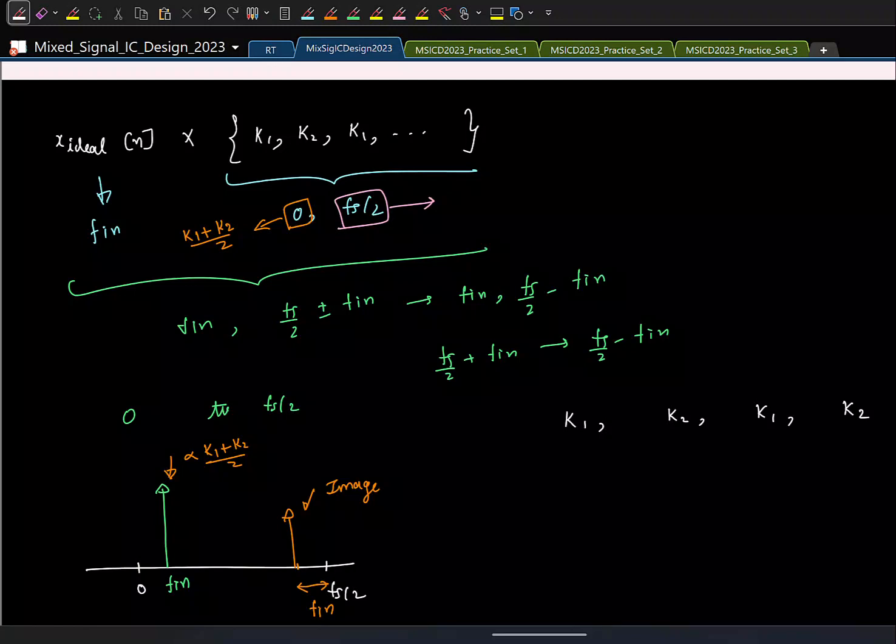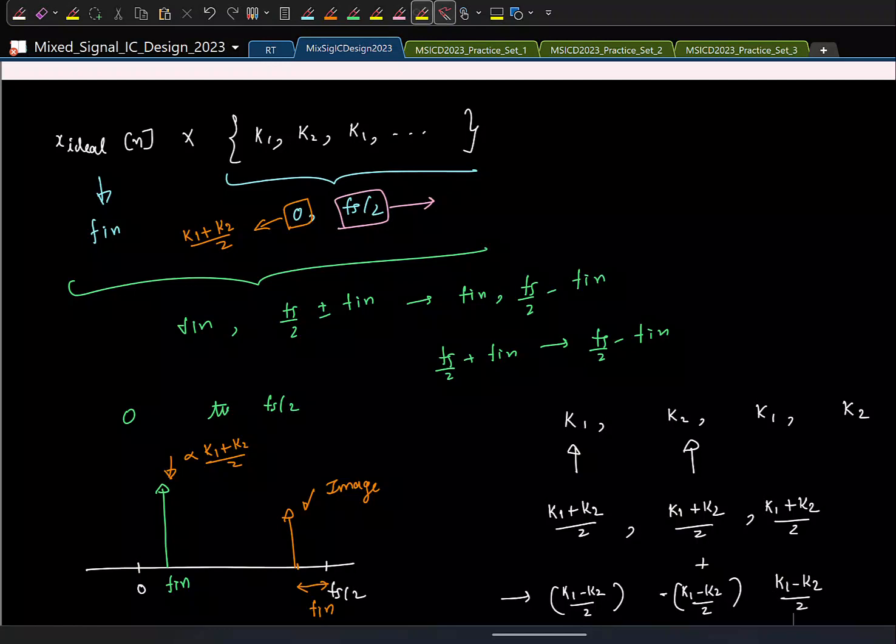Only two. One is DC, that is K1 plus K2 by 2. That's always the same. So I should add only one other sequence. What should be the sample that should come here so that the addition gives this? K1 minus K2 by 2. What should be the term that should come here so that the addition gives this? K2 minus K1 by 2, I'll write as minus, and the next term will be K1 minus K2 by 2.